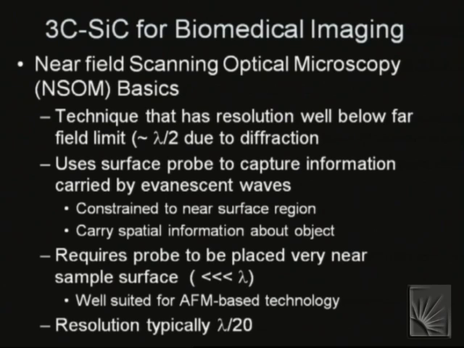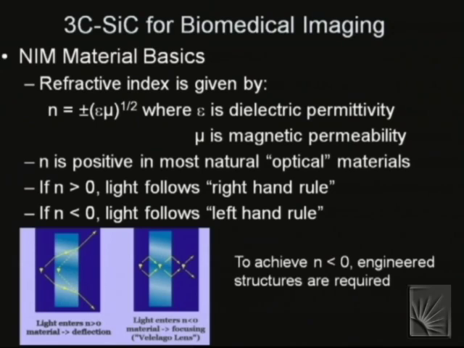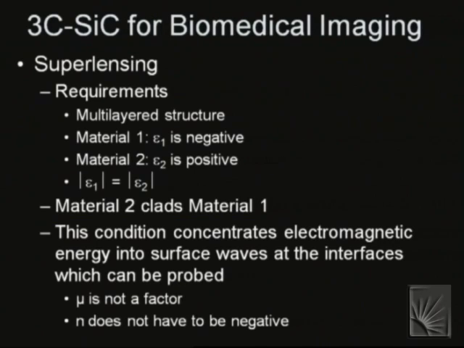But you've got to get the probe really close to the surface. So that makes this scanning microscopy an attractive tool to study biological systems because now you're no longer diffraction limited.